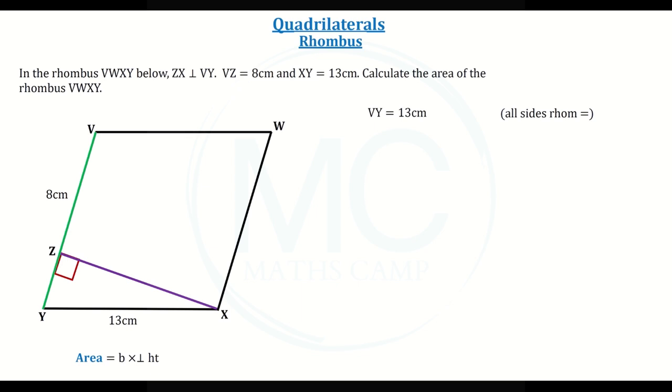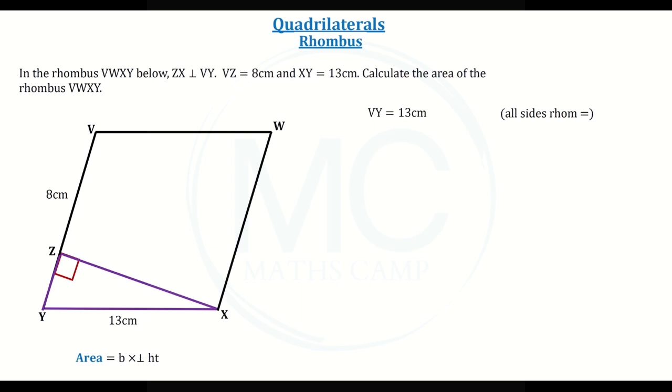Now we need the length of the perpendicular height XZ. So let's take the green line out of the diagram. XZ lies in the right angle triangle XYZ. So let's make this triangle purple. We can use Pythagoras' theorem to find the length of XZ. We know that XY is 13 centimeters long, but before we can find XZ, we need to find the length of YZ.